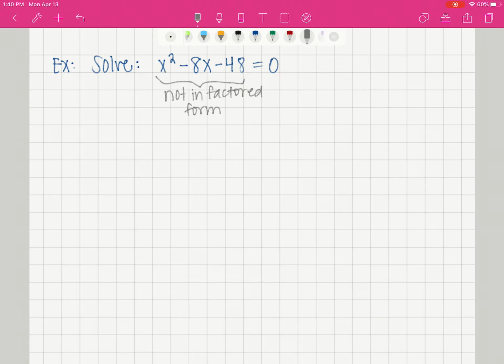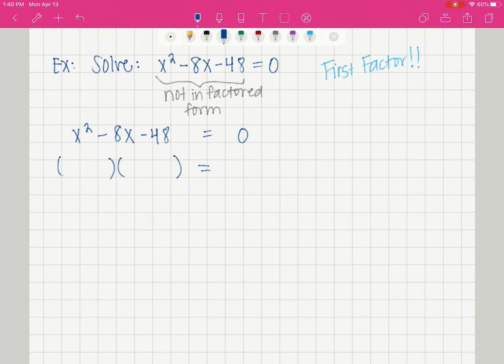So now we need to add a step. We need to first factor. And that's why factoring is so important in algebra. How do we factor x squared minus 8x minus 48? I'm going to still keep the equation there, equals 0, but I'm looking to factor so that I have my factors equals 0.